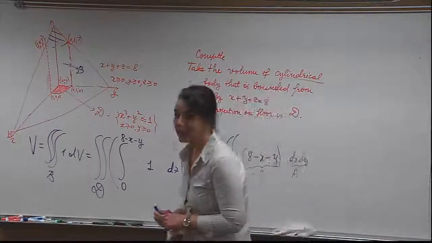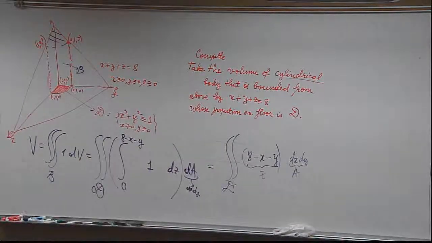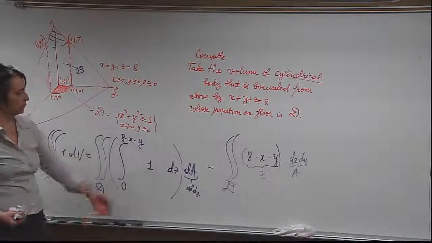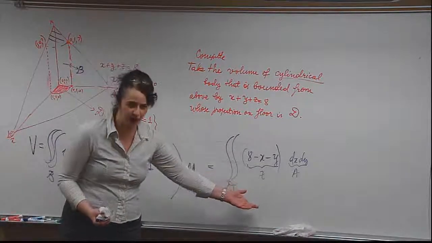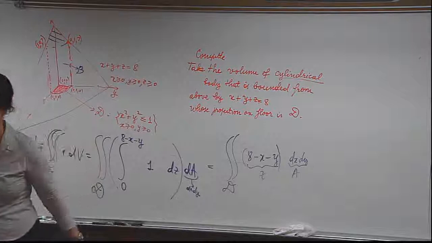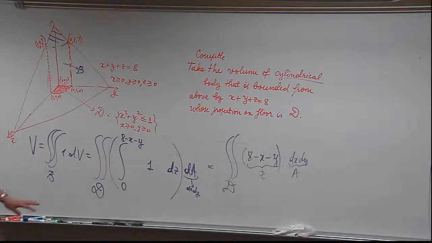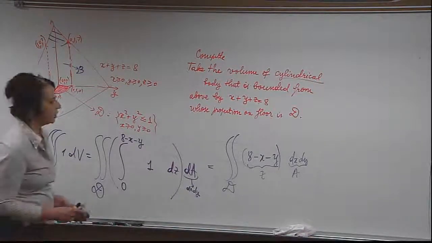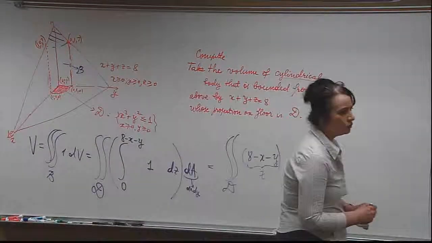It's the same thing. Whether you view it as a triple integral or as a double integral, it's the same thing. This is not a headache. The headache is coming next. So you can do it in two ways.